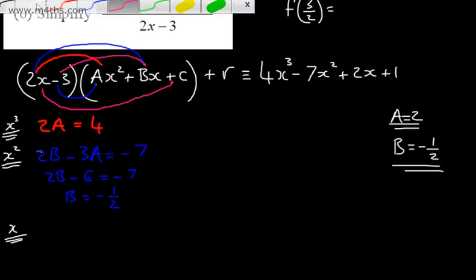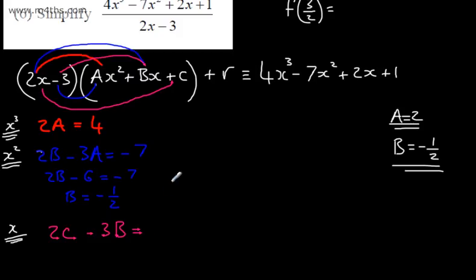So if we write this here, we've got now 2c minus the 3b, so minus 3b, and that will be equal now to 2. That's the term in x on the right hand side.